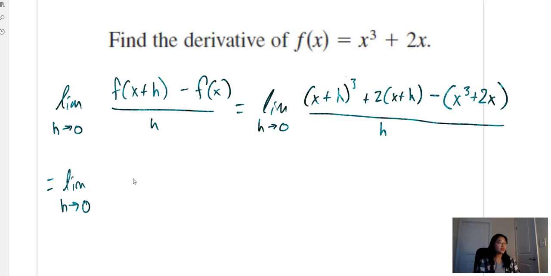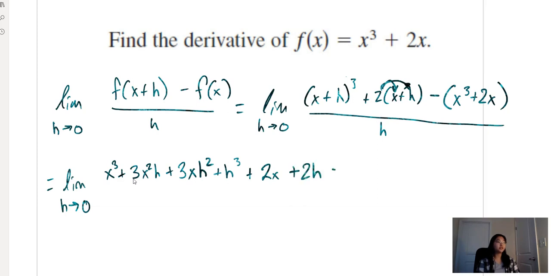So what is that? We get, this is like a Pascal's triangle thing. We get x cubed plus 3x squared h plus 3x h squared plus h cubed plus, and I'm going to distribute this 2, boom, boom, we got 2x plus 2h minus x cubed minus 2x all over h.